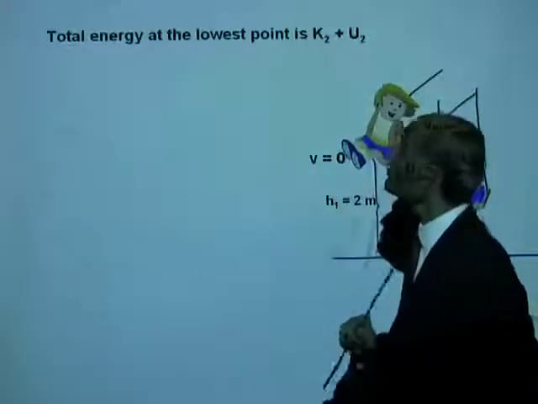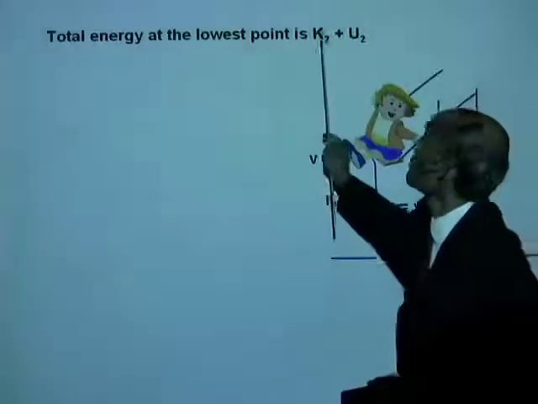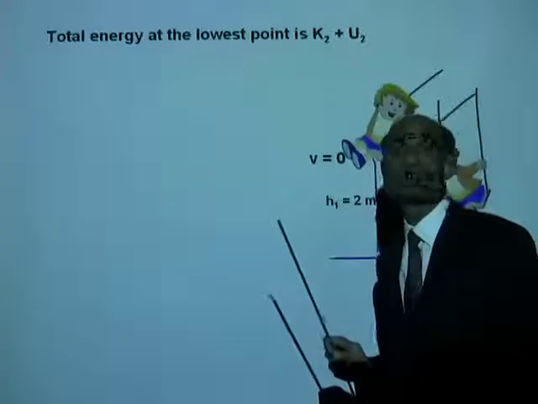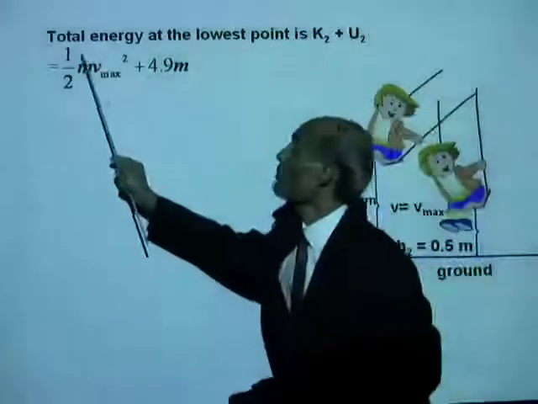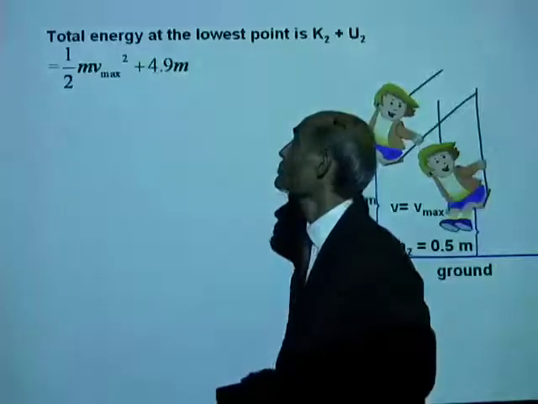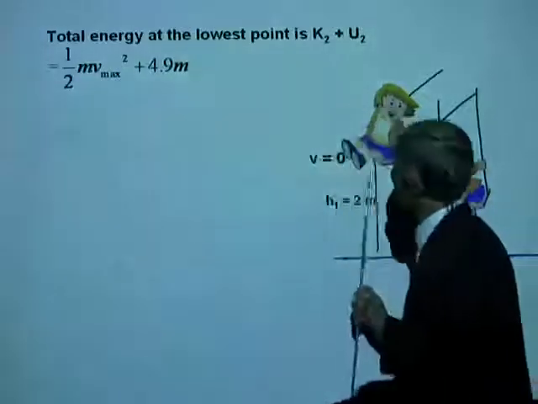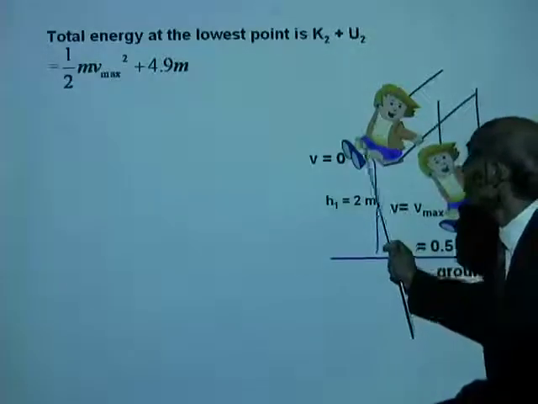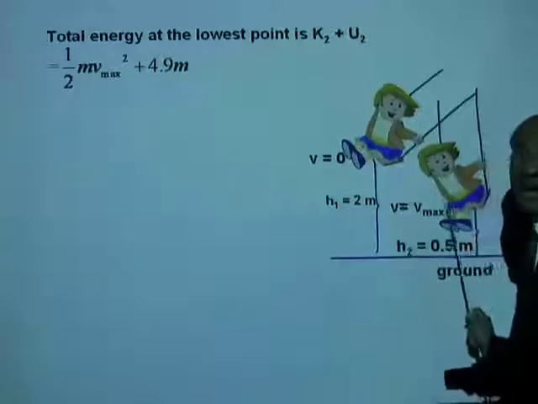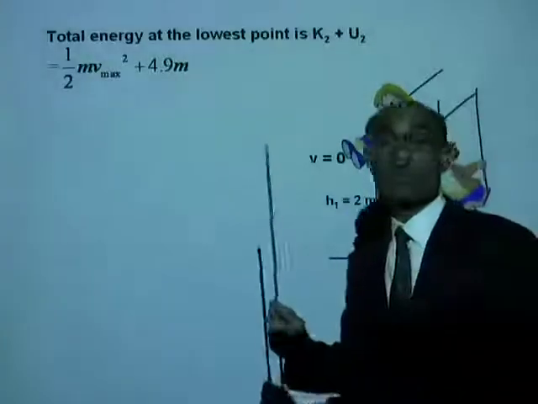What is the total energy at the lowest point? There will be potential energy U2 plus the kinetic energy K2. That is 1/2 m v max squared plus 4.9 m. Alright, we now know the total energy at the highest point.